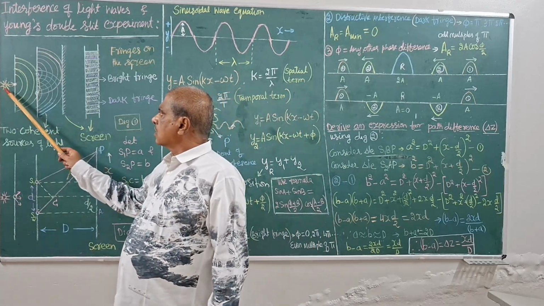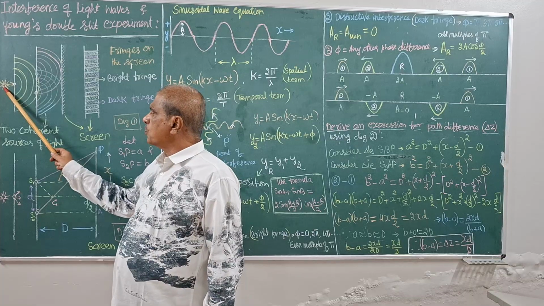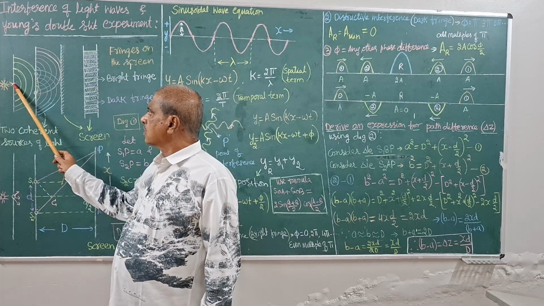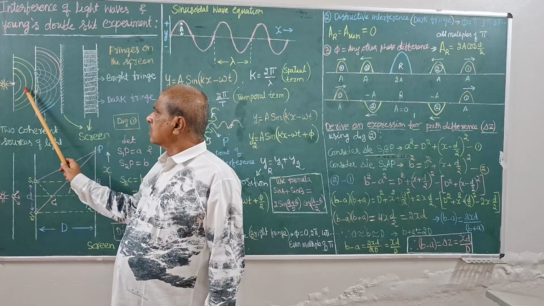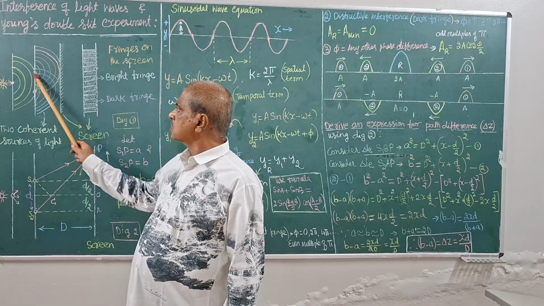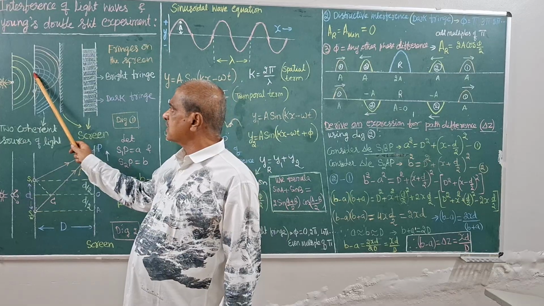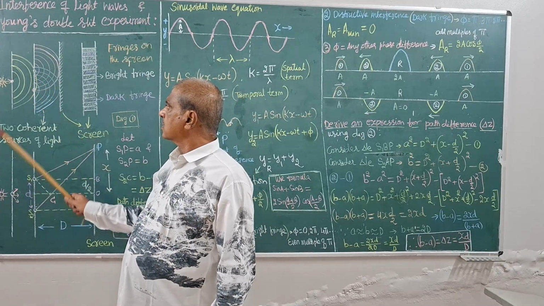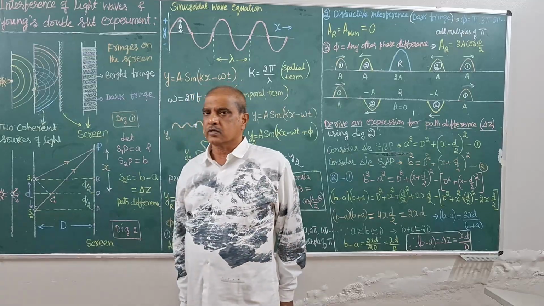Here, light is allowed to pass through this slit, and the light that emerges can pass through this slit as well as this slit, and appear as shown in the figure.